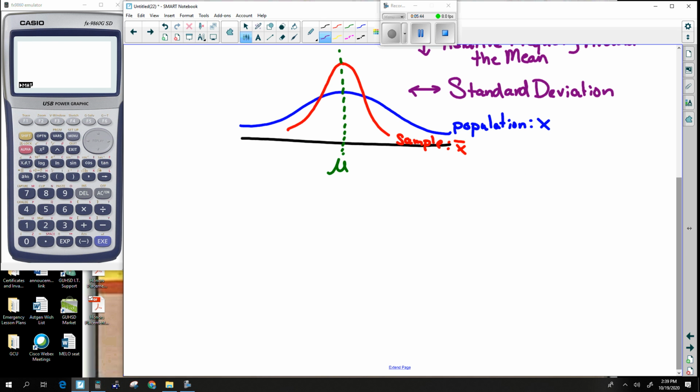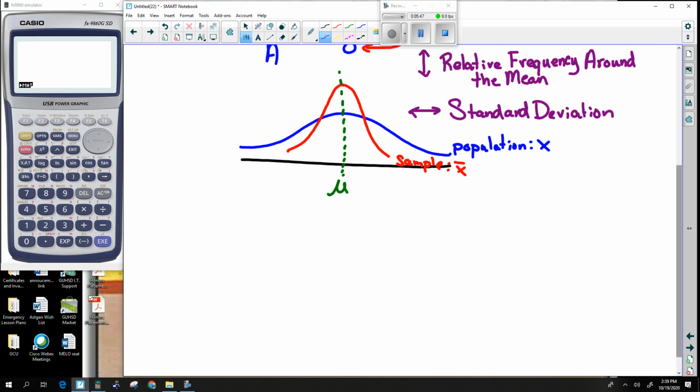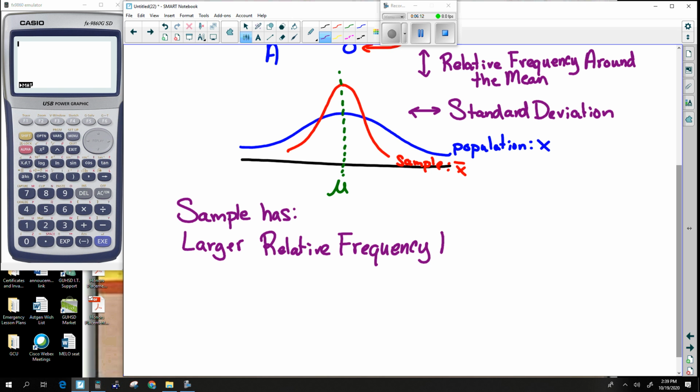So how would you describe how a sample is different from the population? Well, a sample is taller. It has a larger relative frequency around the mean, and it has a smaller standard deviation.